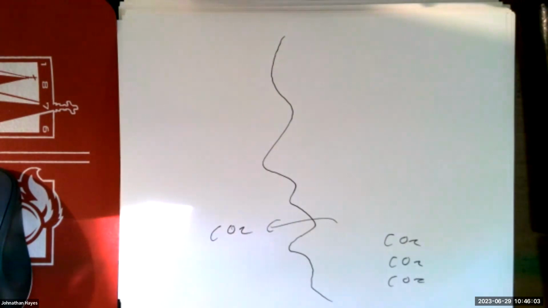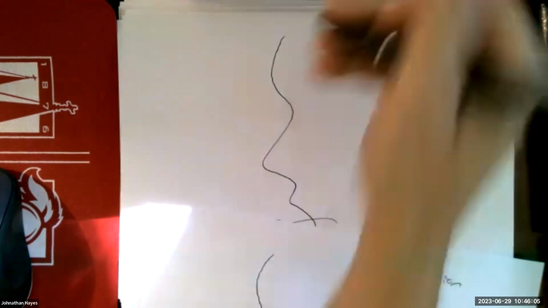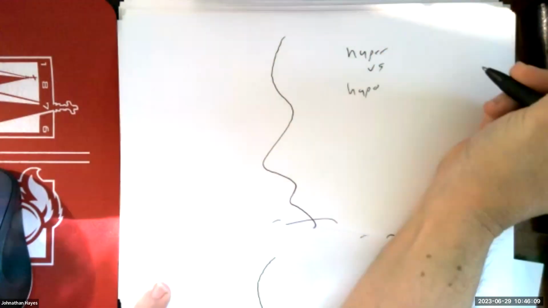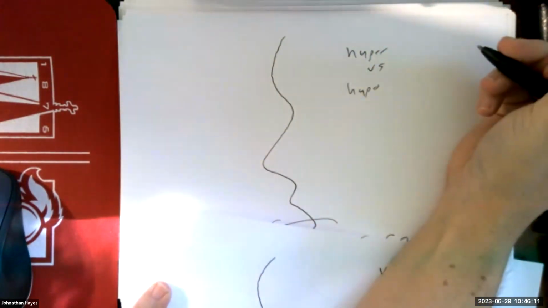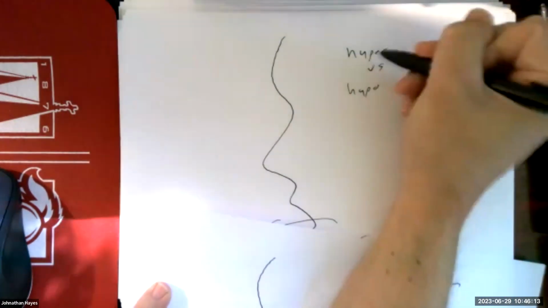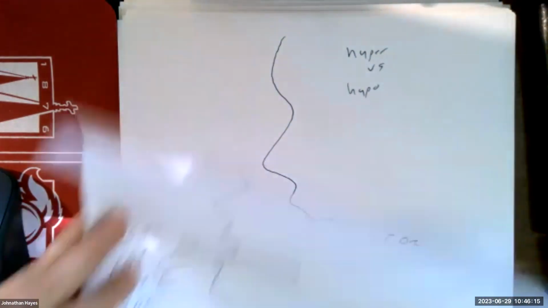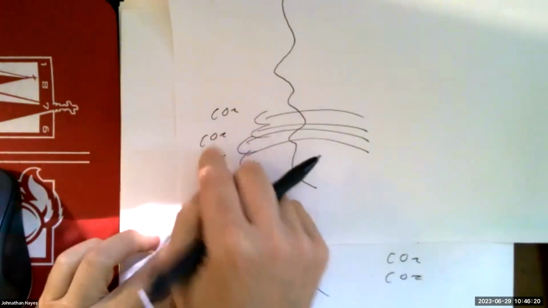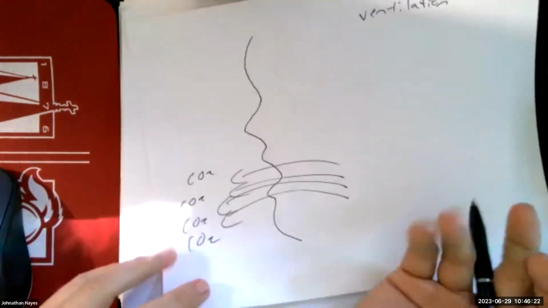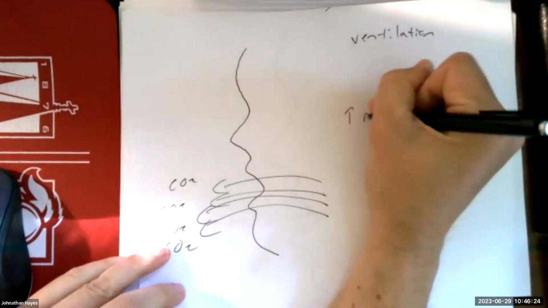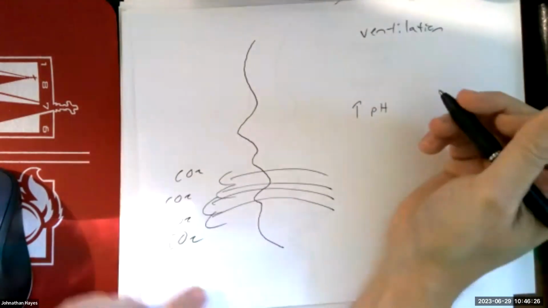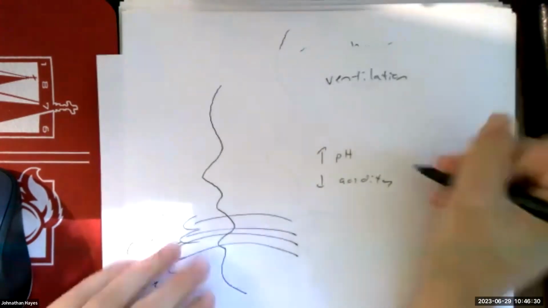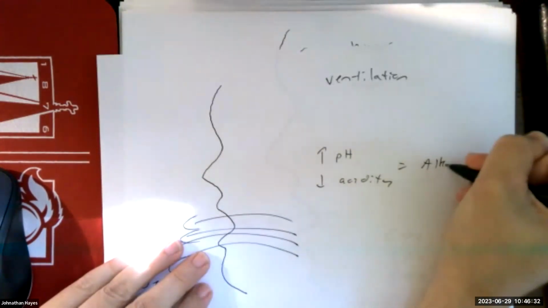Okay, so this explains why hyperventilation versus hypoventilation can change pH, right? Because if I hyperventilate, I'm breathing faster, more CO2 is going to leave. And what if CO2 leaves faster than we can replace it? Then my body is going to increase in pH, or you could say decrease in acidity, and become alkaline.